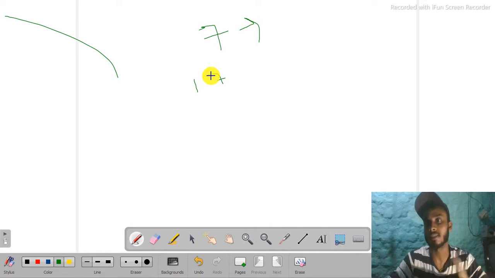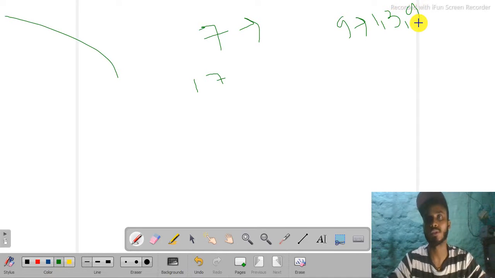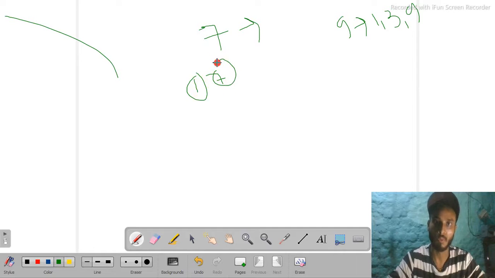That means it is a prime number. But suppose I take 9. It is divisible by 1, 3 and 9, so it is divisible by 3 numbers. So this is not a prime number. But 7 is a prime number because it is divisible by only 1 and itself.